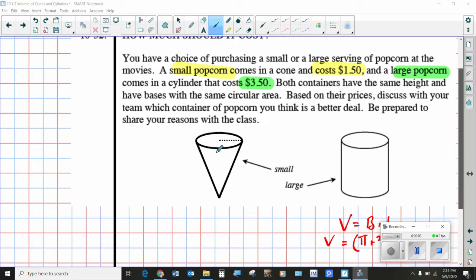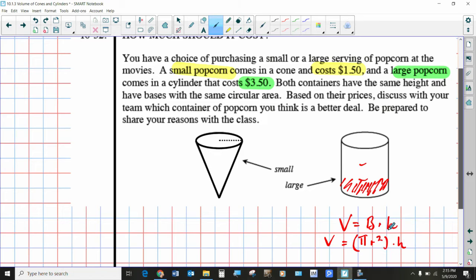So what we discovered is this. If you were to fill this cone full of popcorn, and then dump that popcorn into this cylinder, that's the 1/3 mark, this is the 2/3 mark, that popcorn would fill up 1/3 of this cylinder.